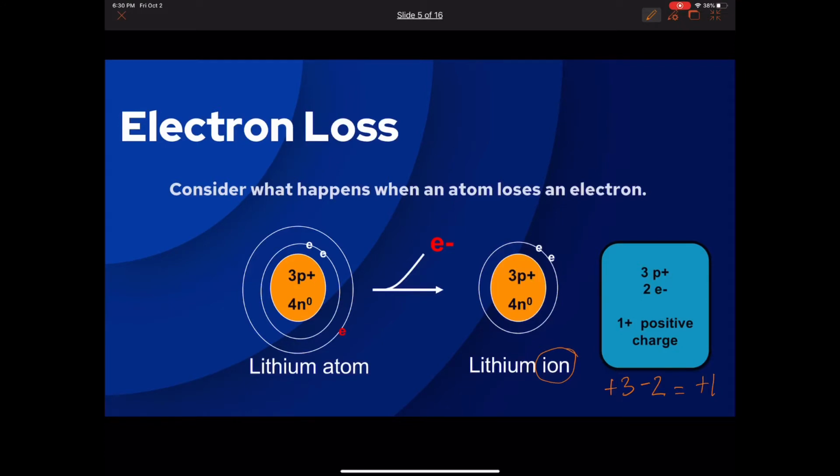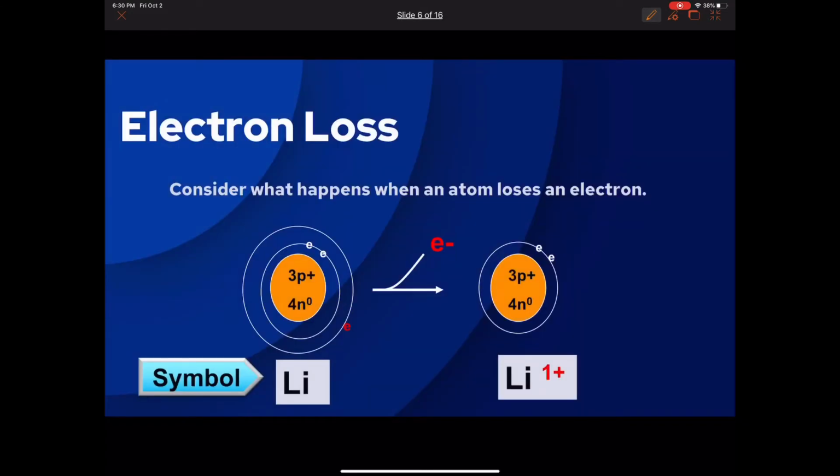When we write the symbol for a lithium ion, it does differ from a lithium atom. So for a lithium atom, notice there is no other number next to it. It's just simply Li, the symbol for lithium. But when you write the symbol for the lithium ion, you also include the charge.